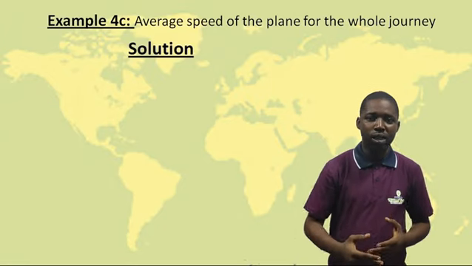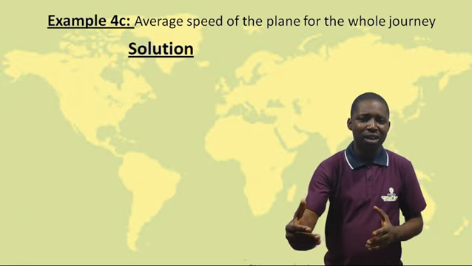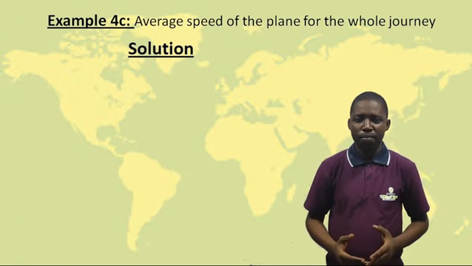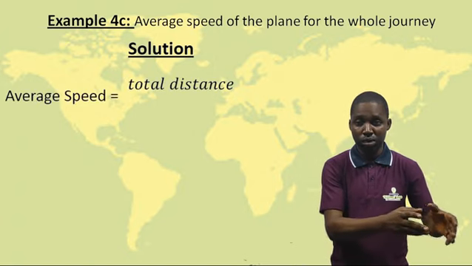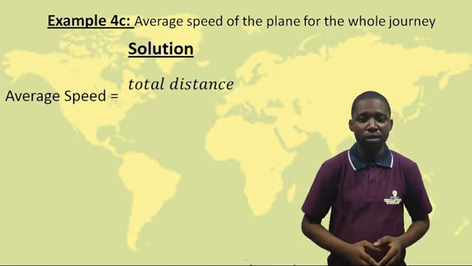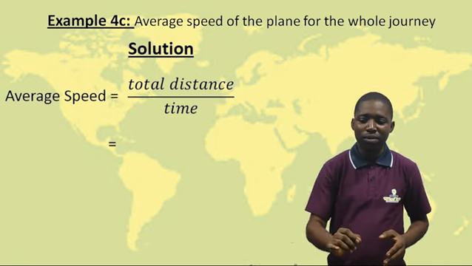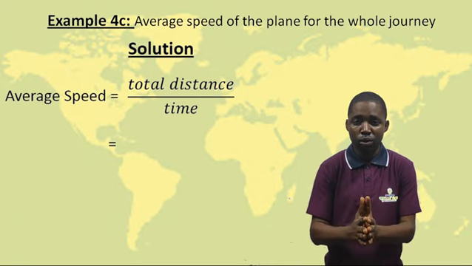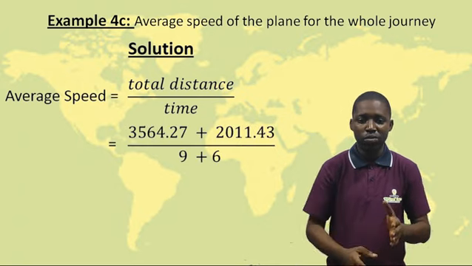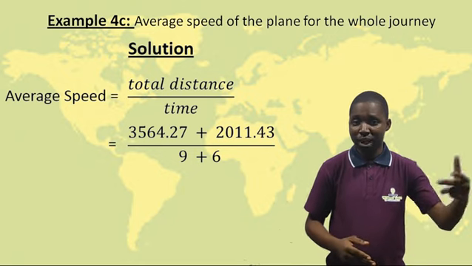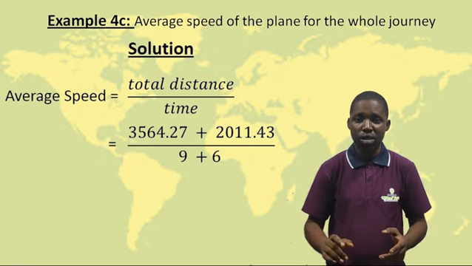The last part of this example, we have to get the average speed. Average speed is total distance over time taken. Now, the distance from A to B is 3564.27, and the distance of B to C is 2011.43. We add both together and divide by the time for A to B, which is 9 hours, which we calculated earlier, and the time for B to C, which is given in the question, 6 hours.